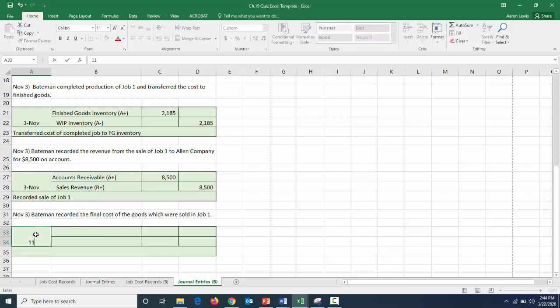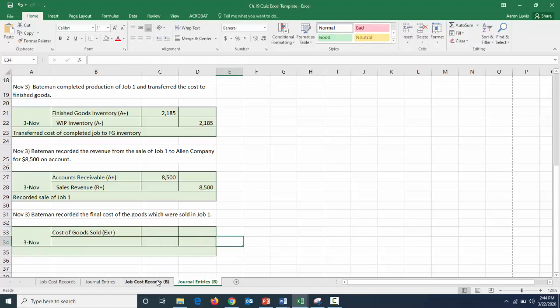And then again on November 3rd, we need to record our cost of goods sold in this transaction. So we're going to debit cost of goods sold, which is an expense account, for our cost of producing job 1 for Allen Company.